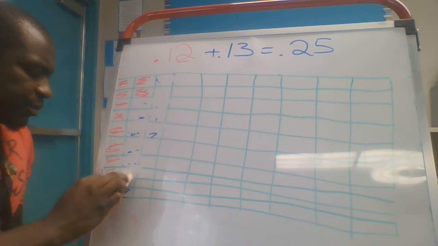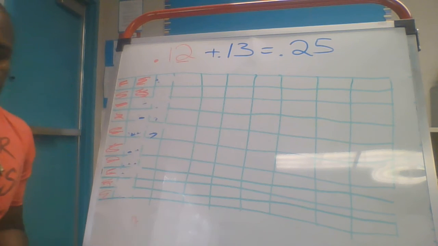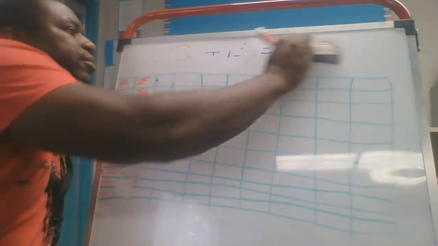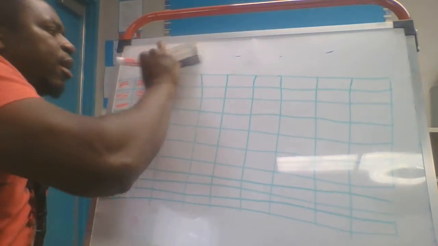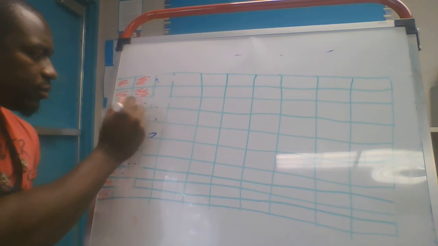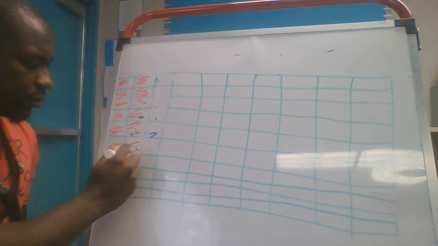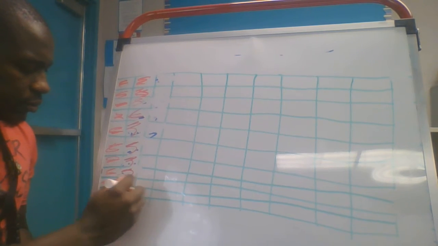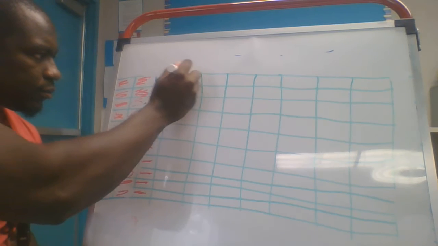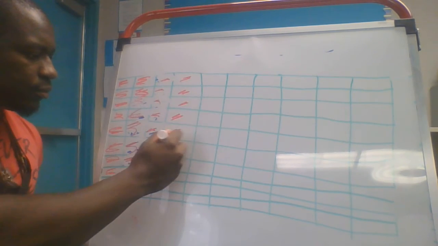So what about subtraction? Subtraction is super simple. It follows along the same thought process. So let's say we have this.